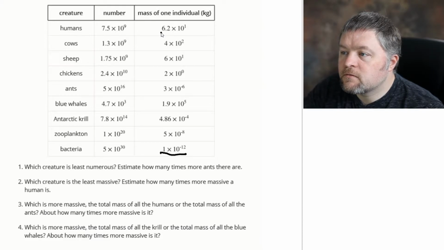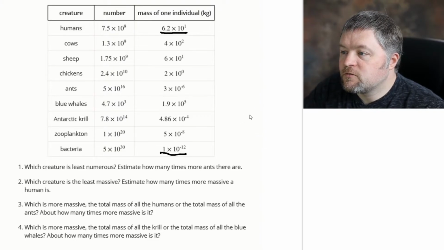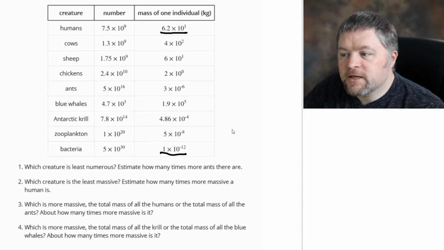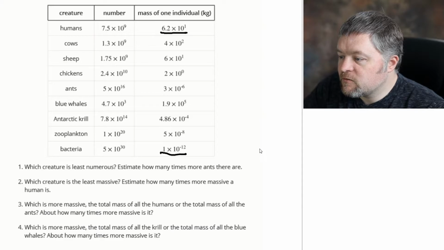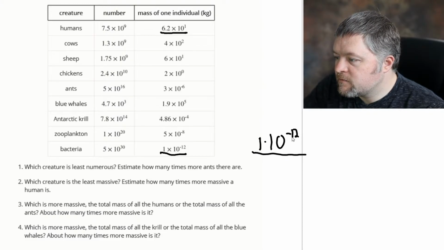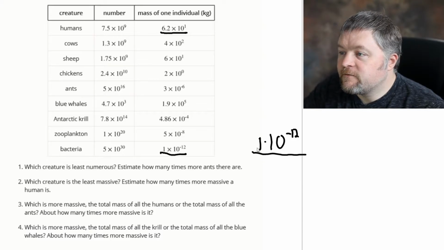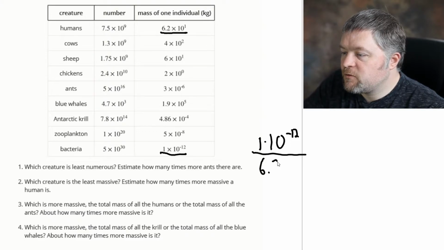So now we have a division problem again. How many times more massive a human is? We will have to do 1 times 10 to the power of negative 12 divided by the mass of a human, which is 6.2 times 10 to the power of 1.